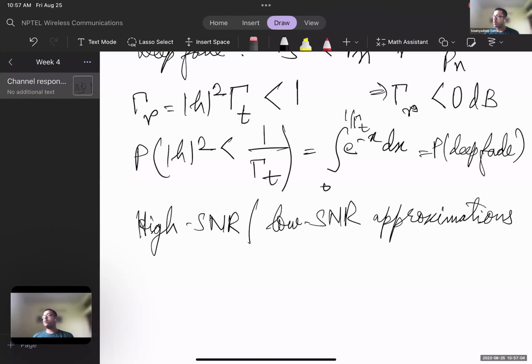So this is nothing but basic Taylor series expansion. So, let's say for this question itself, probability of deep fade, here the exact answer will be 1 minus e to the power minus 1 by gamma transmitted, right? Let me just simply write it down.